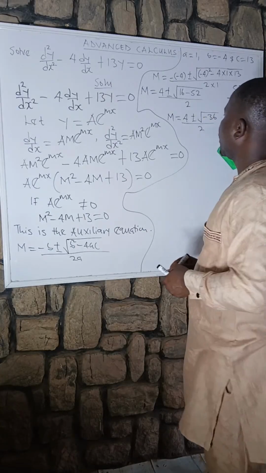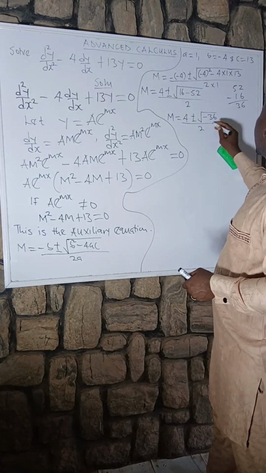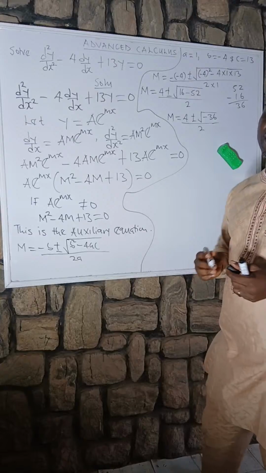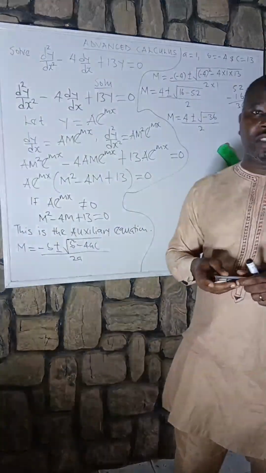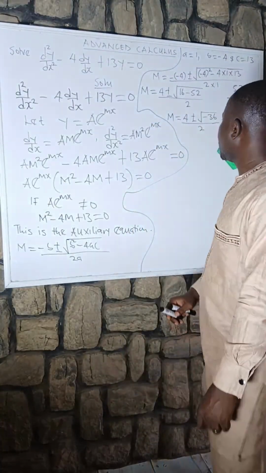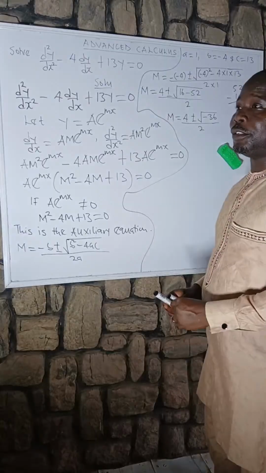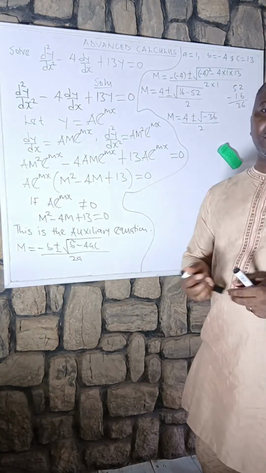2. Yeah. So as you can see, we cannot have the square root of minus 36. It is a mathematical error if you press it on your calculator. So for now, what we need to do, I will now refer you to what is called complex number.